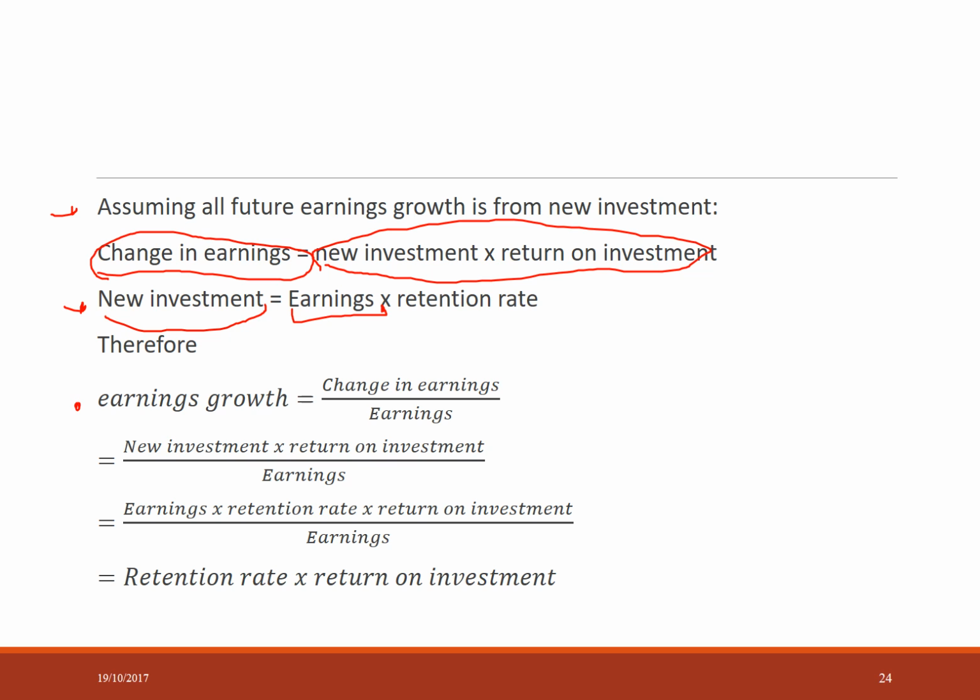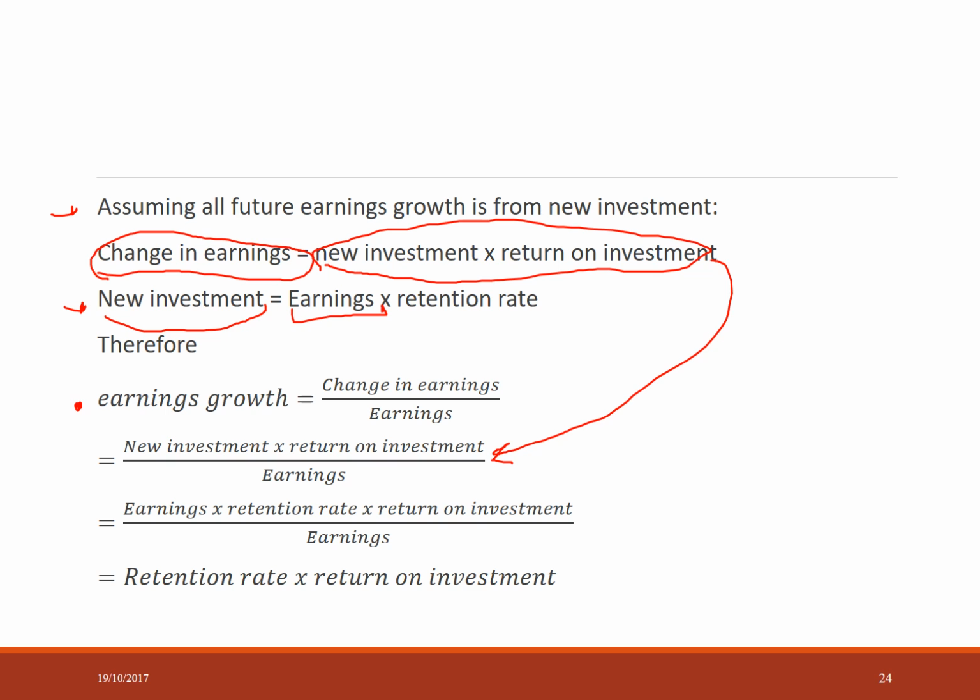So starting with the earnings growth equation, earnings growth is simply the change in earnings divided by the total earnings, right? Given that change in earnings is equal to new investment times the return on investment, we substitute the change in earnings by new investment times the returns on investment.